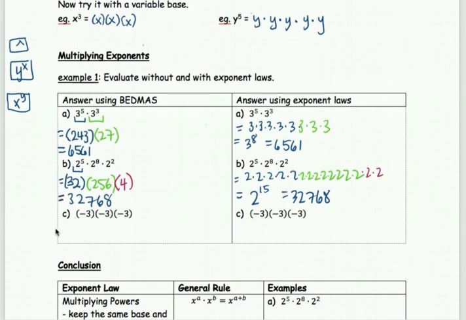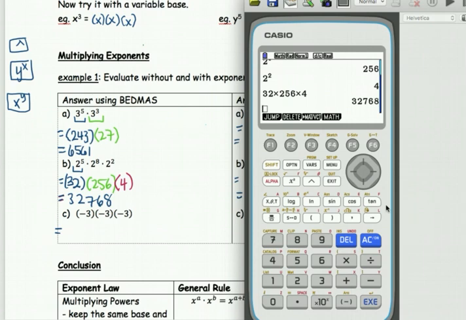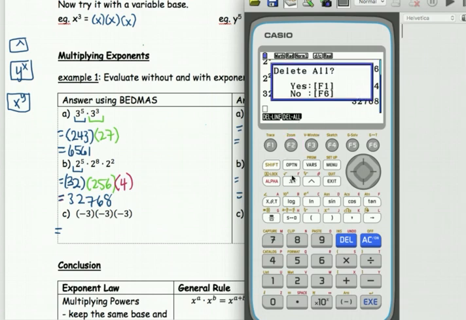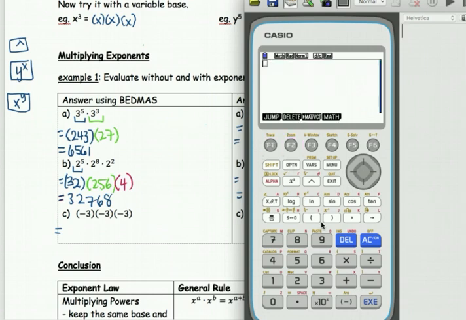All right, so again here, we'll do this one on our calculator. Clear, delete, okay. So we have a -3, so bracket, negative sign, 3.